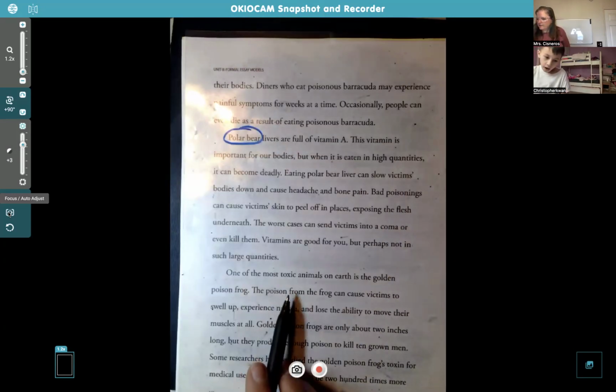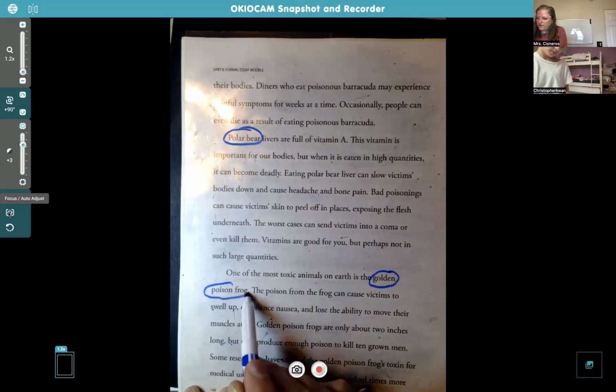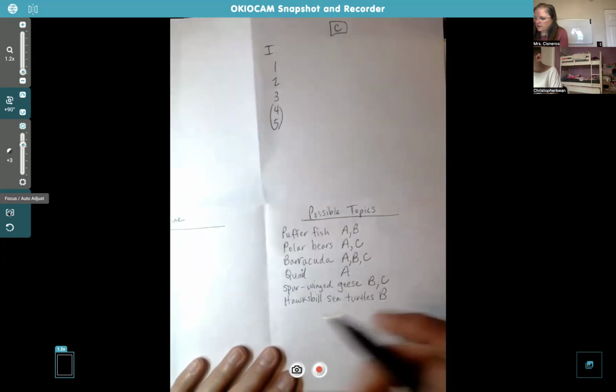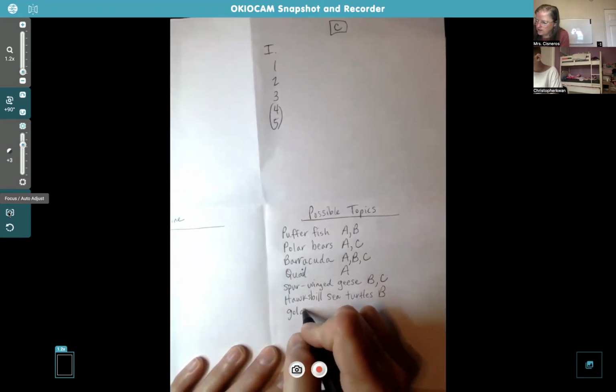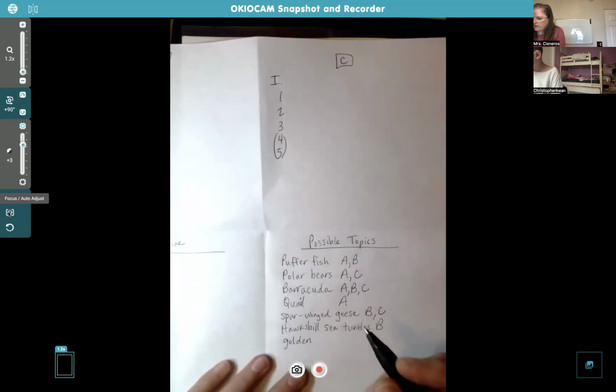Next paragraph. One of the most toxic animals on Earth is the golden poison frog. Oh, this is a new one. So circle golden and poison frog. Circle those. This is a new one. Got to add this one to the list. So golden poison frog.